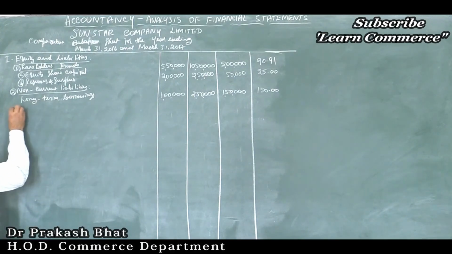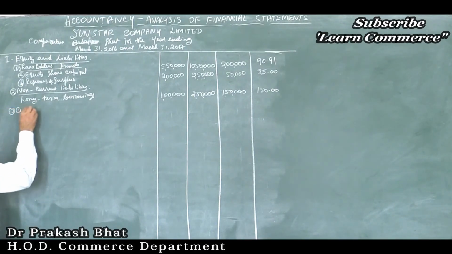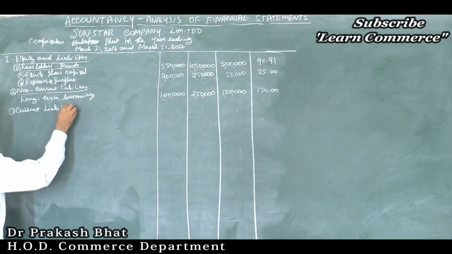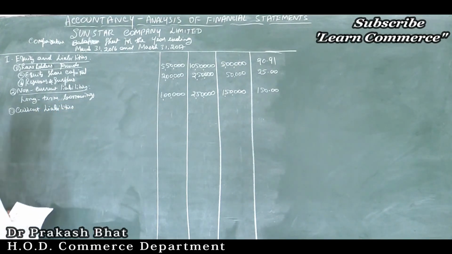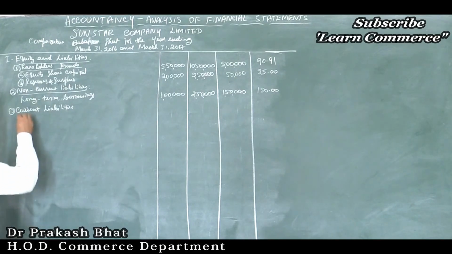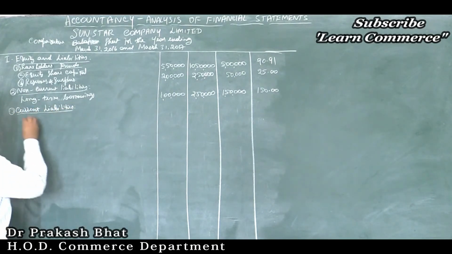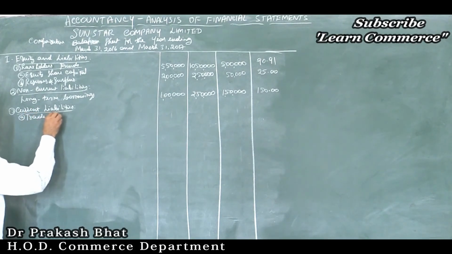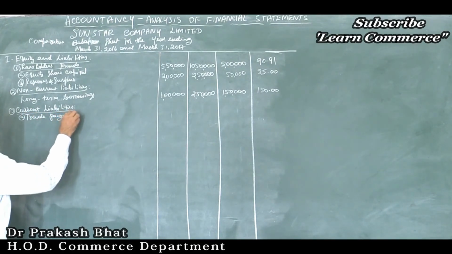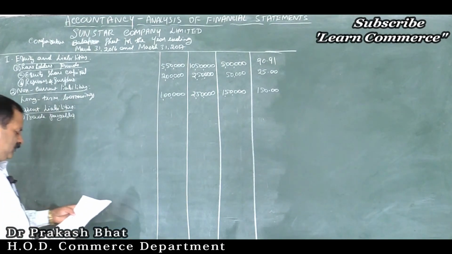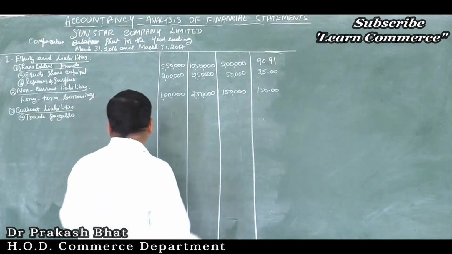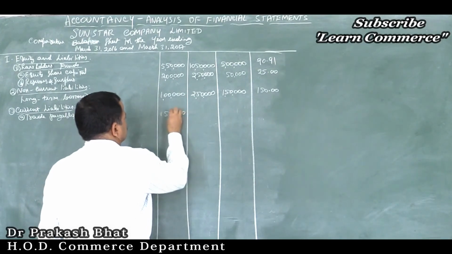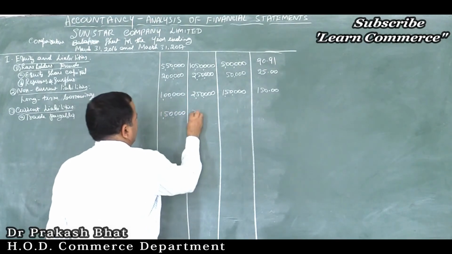Third one, current liabilities. Under that, trade payables, right? Yes, 1,50,000 and 3 lakh.